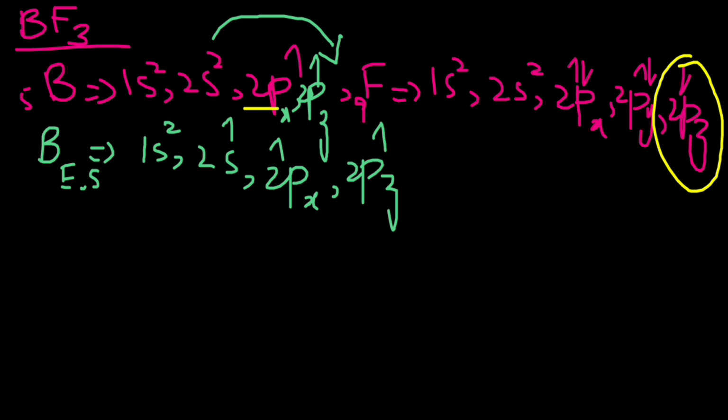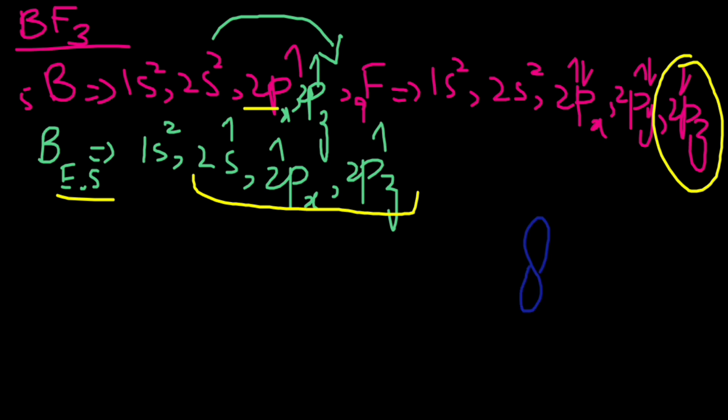So here comes another phenomenon, excitation. One of the electrons in 2s2 is excited to the 2pz, so that there are three orbitals available that are half filled. So these three orbitals overlap with three fluorine atoms and result in the BF3 molecule. One of these overlaps is pp overlap.